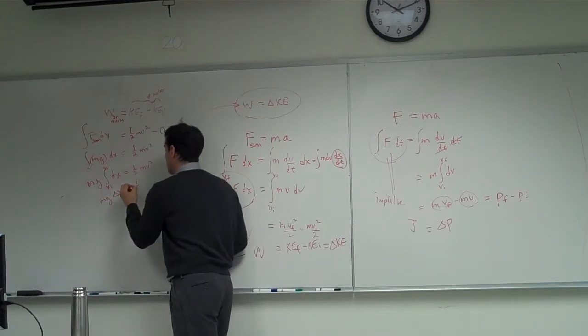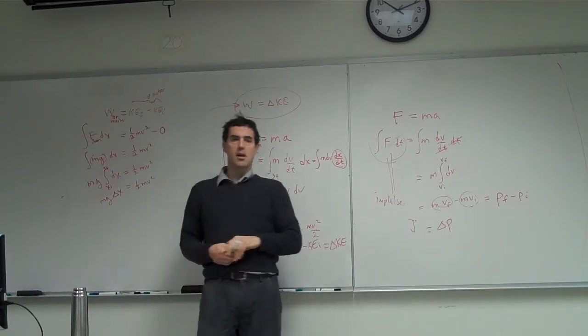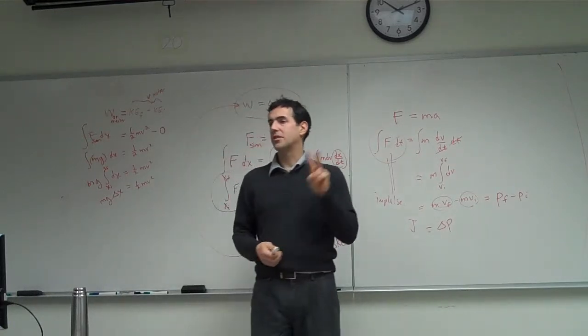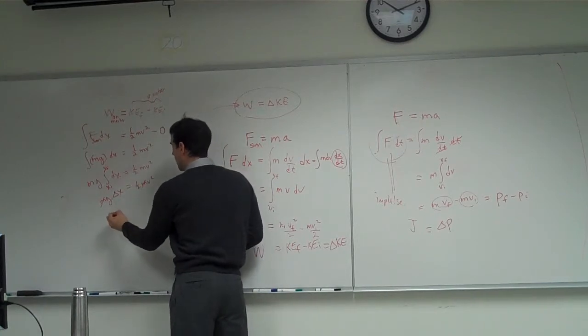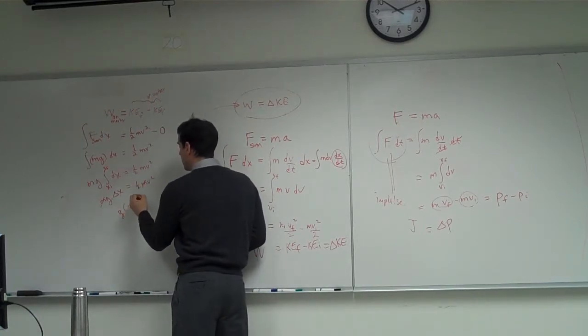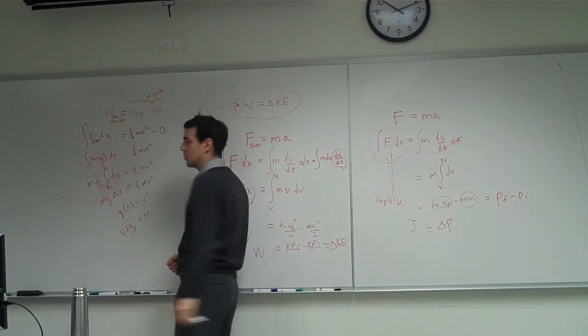So mg delta x is 1/2 mv squared. Delta x is 2 meters, so I can cancel my m's, and I get g times 2 is v squared, where v is equal to the square root of 2g.